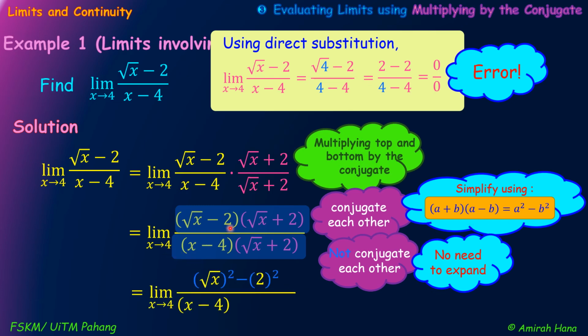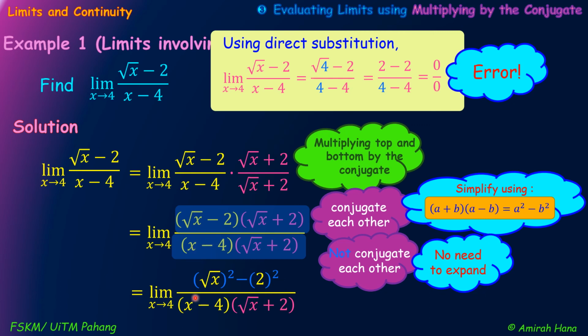After that, when we use this formula for the conjugates here, we get this. Our a equals √x and our b equals 2. So using this formula, we can write (√x)² − 2². And for the denominator, we do not need to expand.